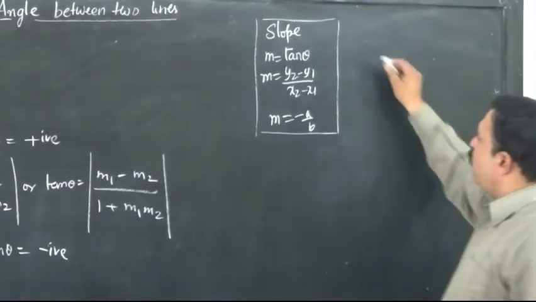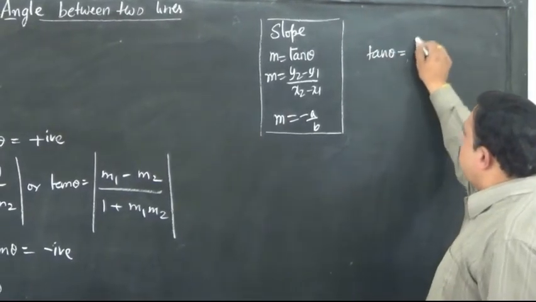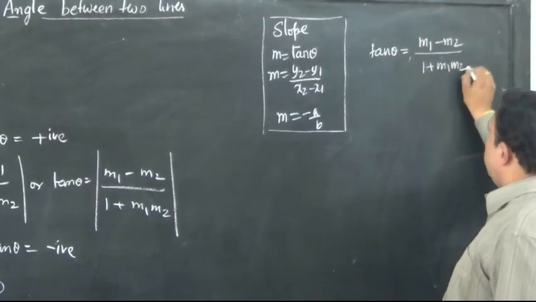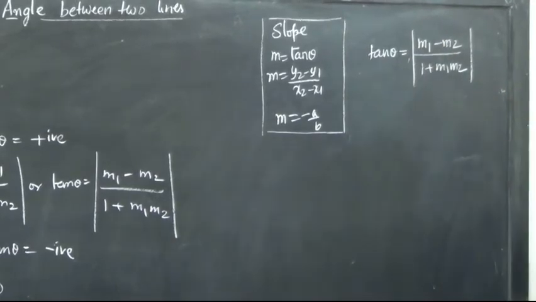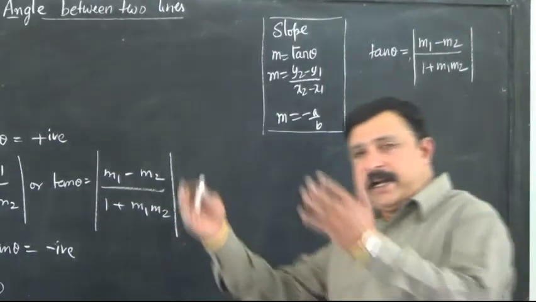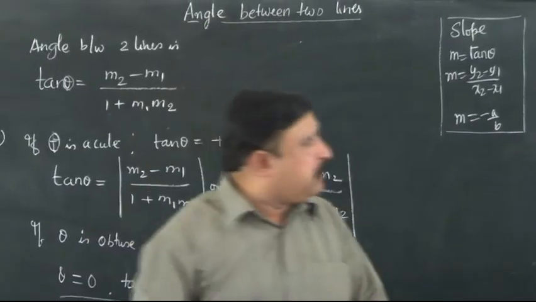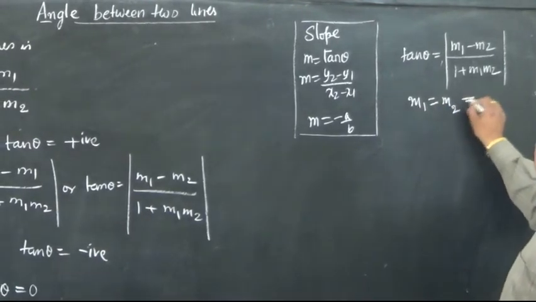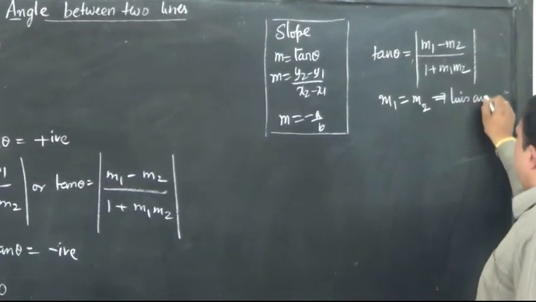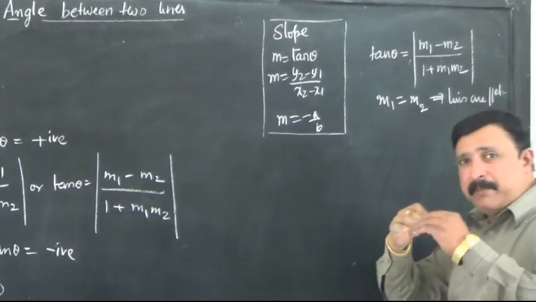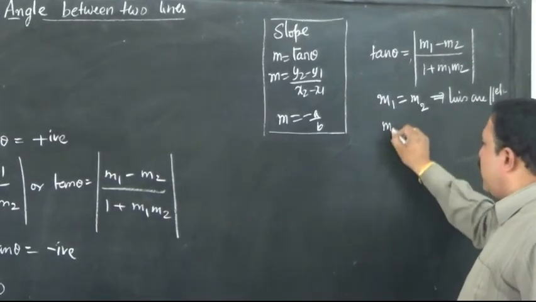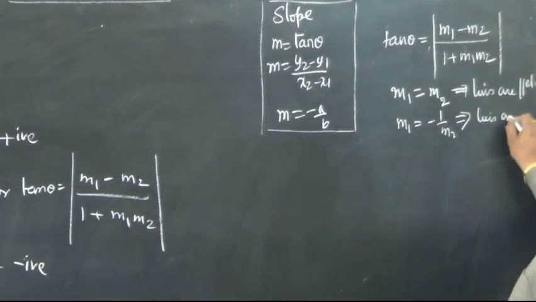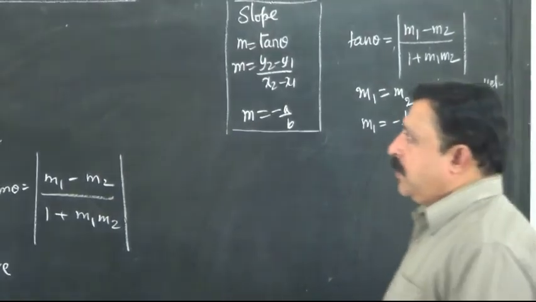And the angle between two lines is tan theta equals m1 minus m2 divided by 1 plus m1 m2. If tan theta is positive, then theta is acute. We can also write it as tan theta equals modulus of m1 minus m2 divided by 1 plus m1 m2. And if m1 equals m2, this implies the lines are parallel. And if m1 equals minus 1 by m2, this implies that the lines are perpendicular to each other.